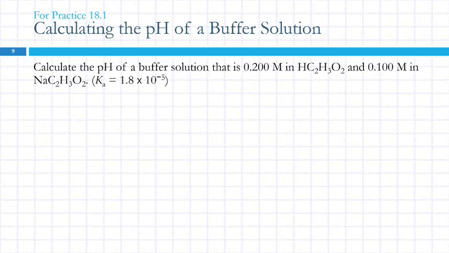So calculate the pH of a buffer solution. It's 0.2 molar in HC2H3O2 and 0.1 molar in NaC2H3O2. Ka is 1.8 times 10 to the minus 5. So we have a weak acid.